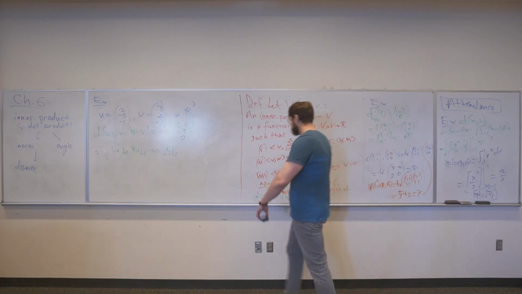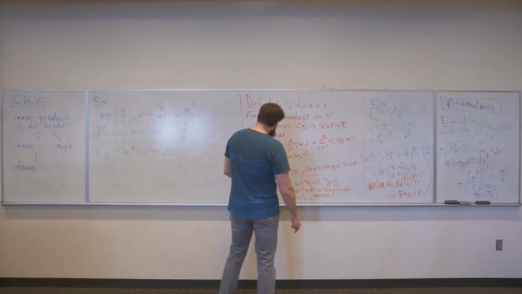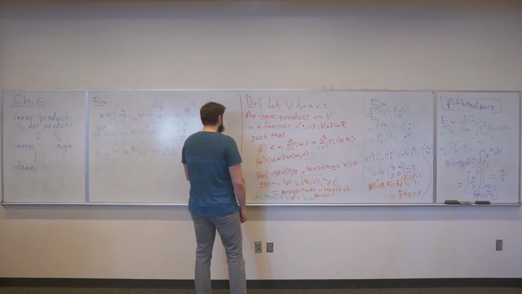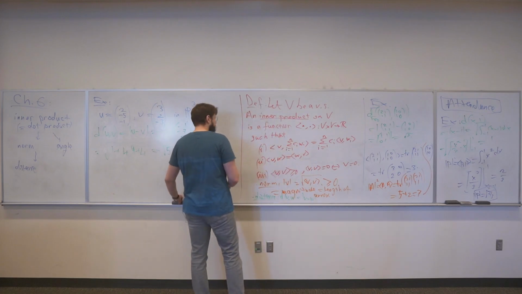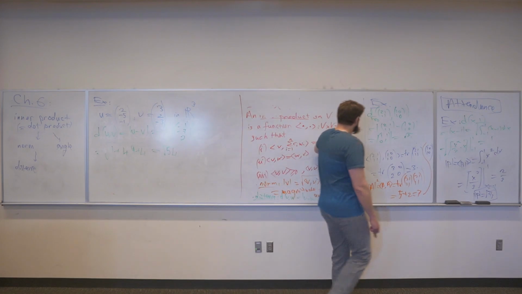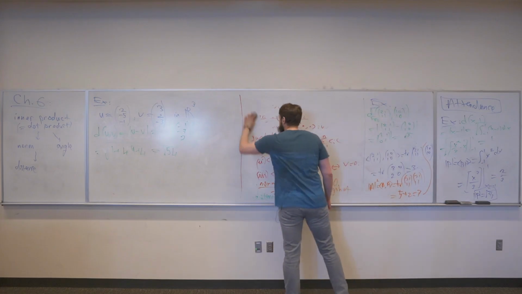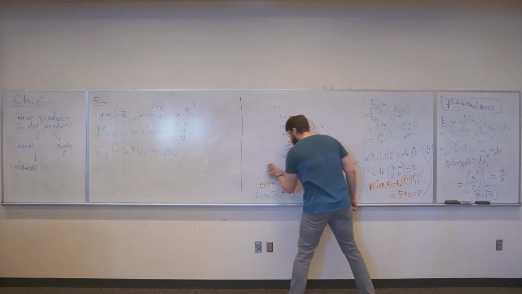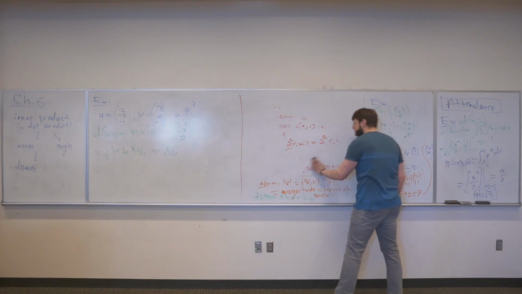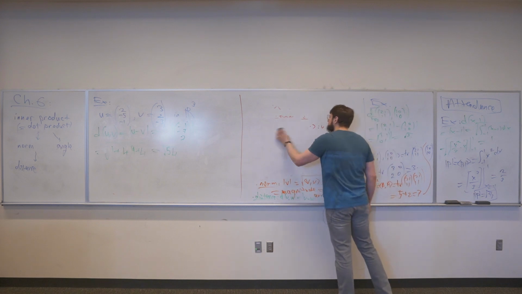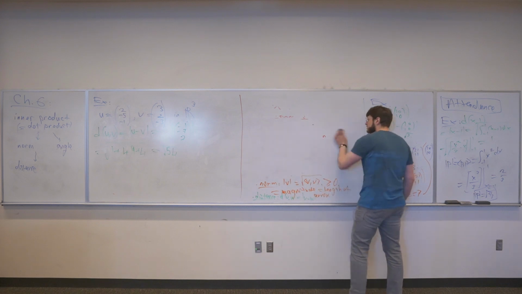I think I want to keep that. I'll erase this part, I think. We defined inner product, norm, distance. Angle is going to come from this theorem that I'm going to state.